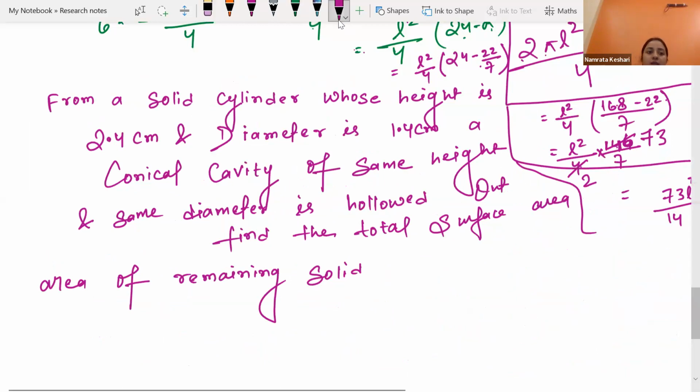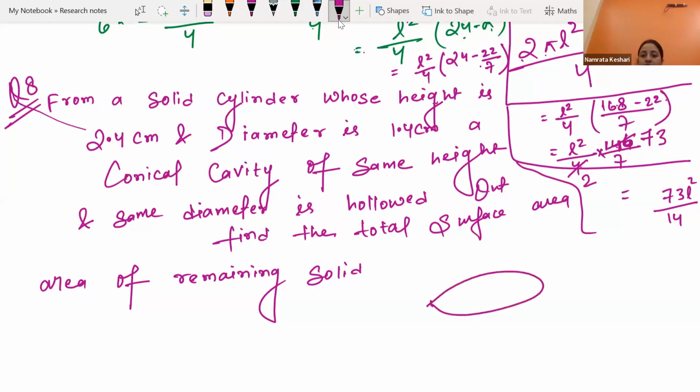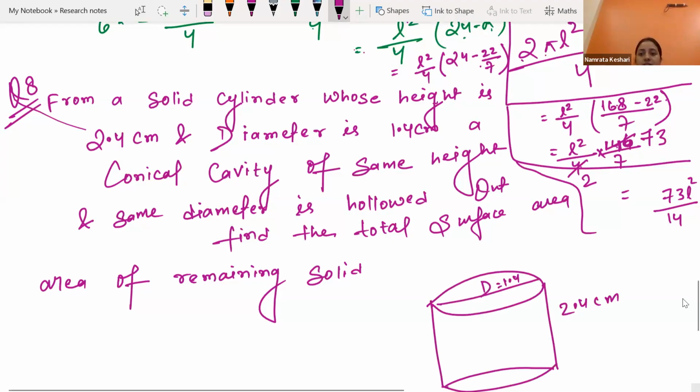It is exactly like the previous question, the way we have solved the last 2 to 3 questions. We have a cylinder of height 2.4 centimeter. Diameter is given as 1.4 centimeter. A conical cavity of the same height and the same diameter is hollowed out from this solid cylinder.